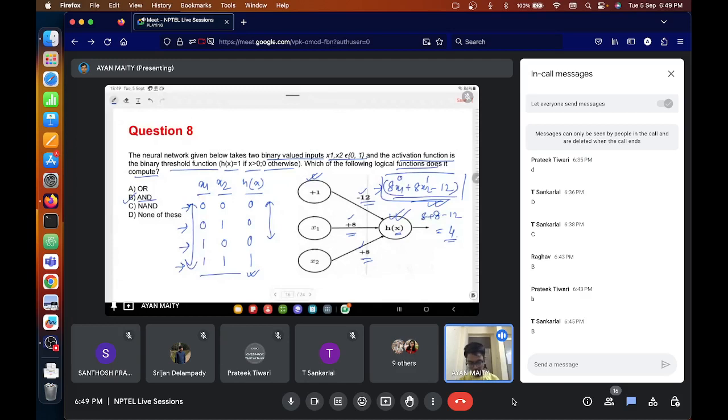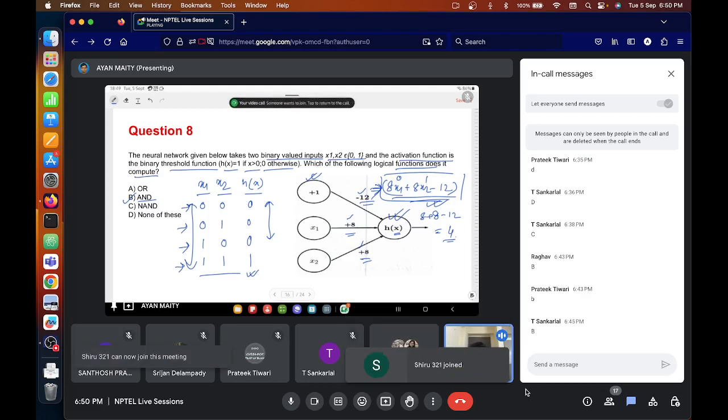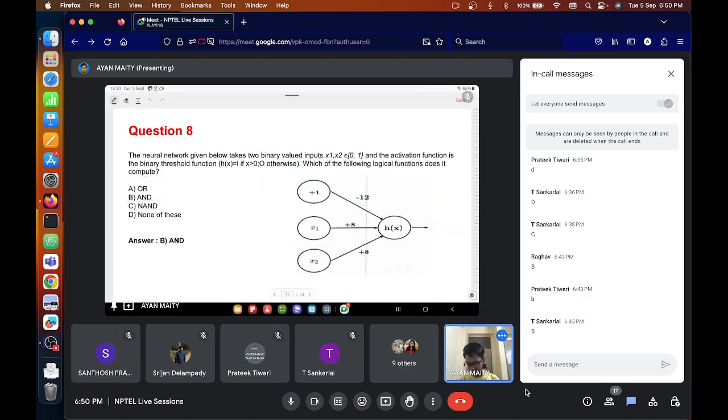You first find out the expression that this neural network is computing, then for every combination of the input values you compute this expression and check whether it is positive or negative. Based on that the output would be either 1 or 0, and then you compare it with all the logic gates. In this case it is the same as the AND gate, so AND is the correct answer.